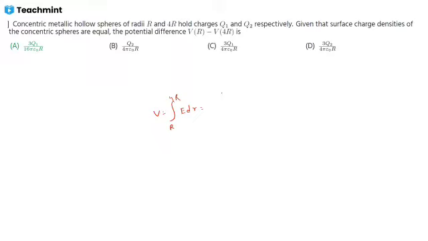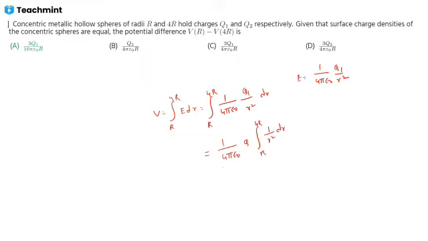Simplifying this, as we know the electric field E is equal to 1 by 4 pi epsilon naught q1 by r square. So if you substitute, from r to 4r, 1 by 4 pi epsilon naught q1 by r square into dr. That is 1 by 4 pi epsilon naught into q1, integration from r to 4r of 1 by r square dr. So we can write this as integration of r power minus 2 dr, children, as you know.